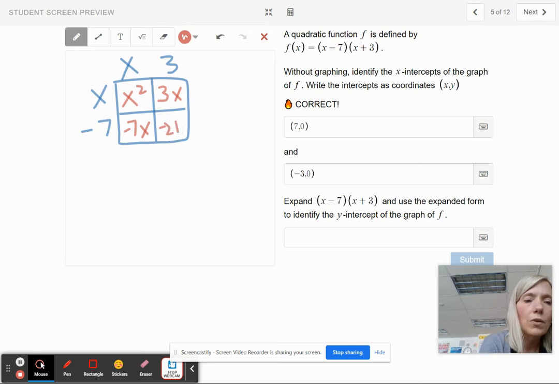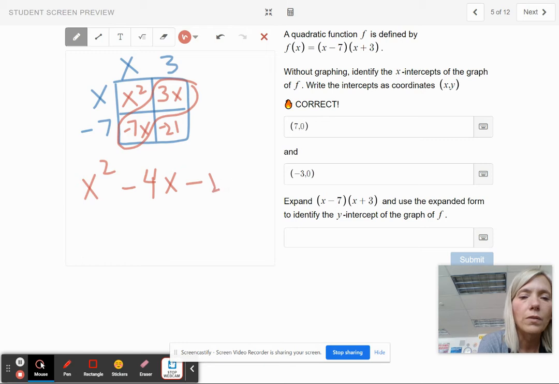Okay, so the whole thing is going to be x squared. Negative 7x plus 3x makes negative 4x, so minus 4x. So that's from those two, adding them together. And then minus 21 is our constant.